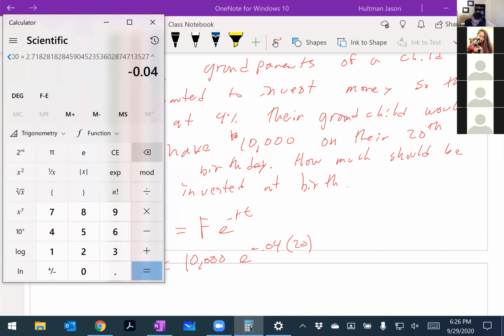I should really have a parenthesis there. Let me put a parenthesis there. Okay, negative 0.04 times 20. Okay, so that's 0.8.